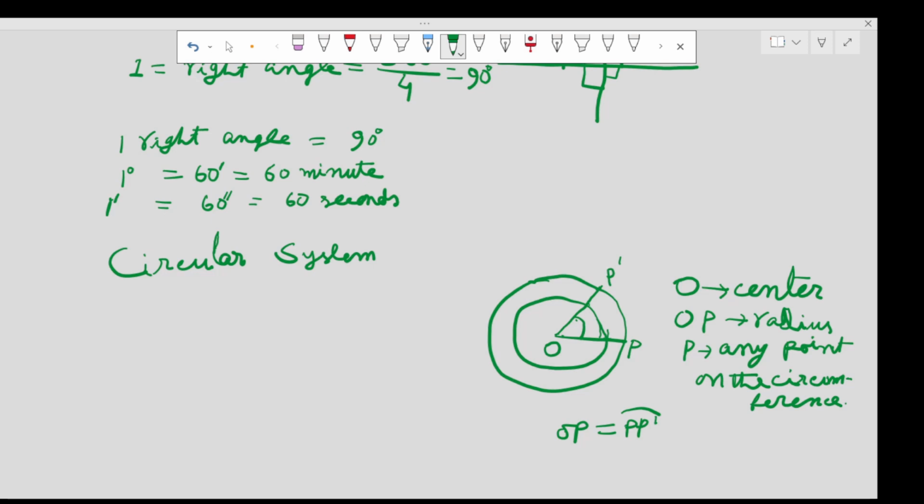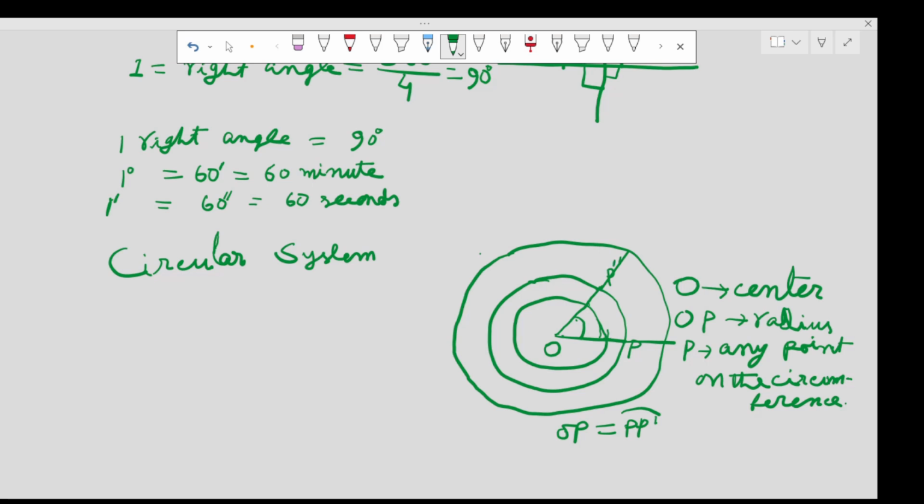I think it is clear. We may draw another circle, producing this angle remaining the same.